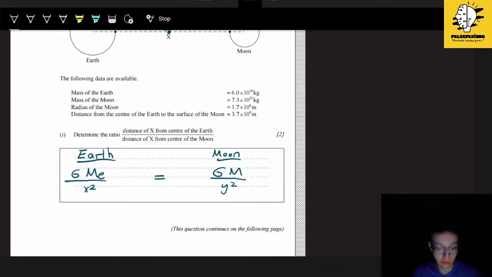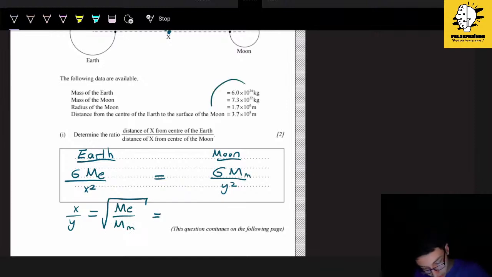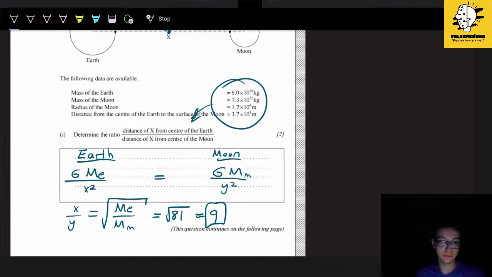This is the formula that we have. Therefore, we will say x over y is equal to root of M Earth over M Moon, mass of Moon, meaning when you make this calculation by using data from here, you will find root 81, meaning the ratio is 9.